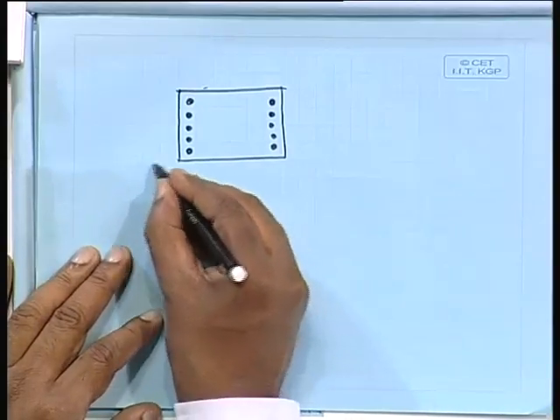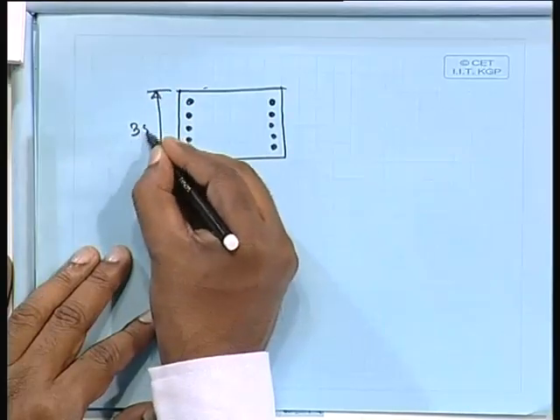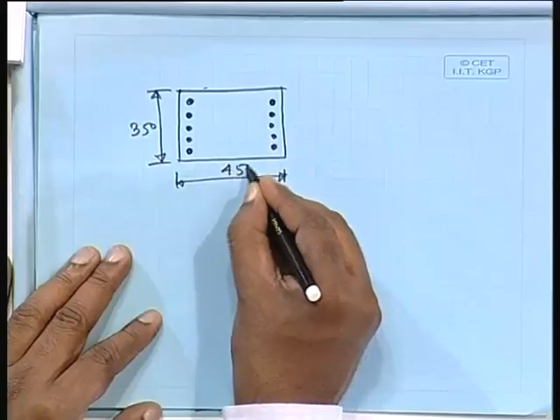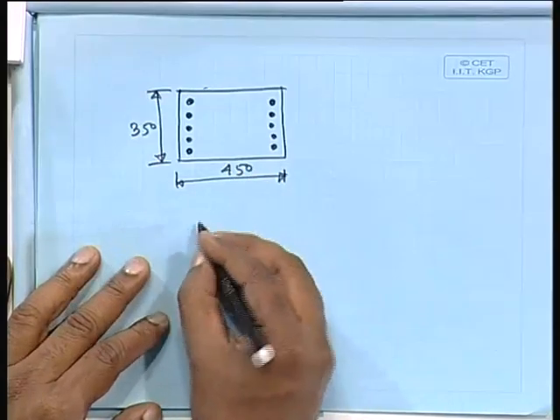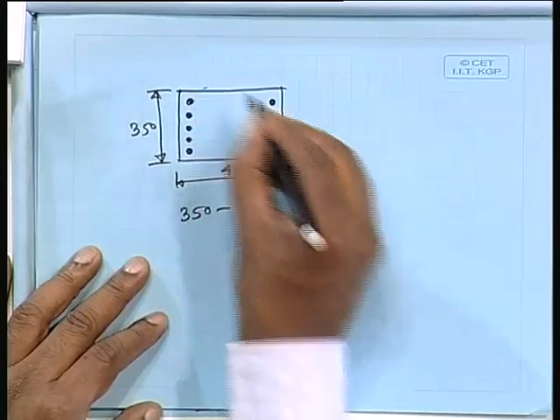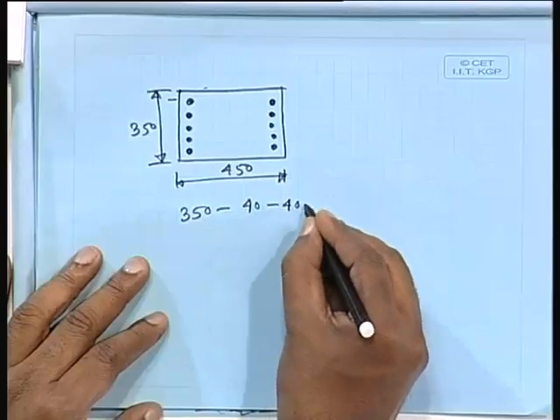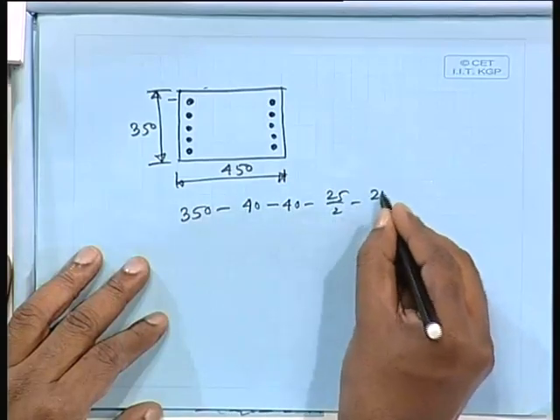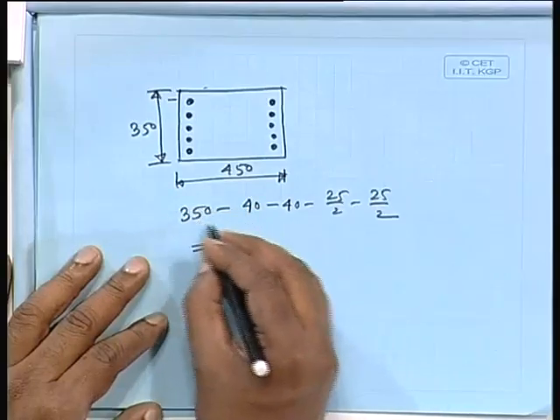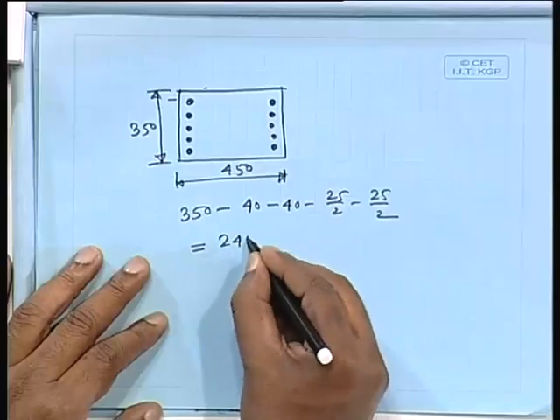So we are getting here, this is 350 and this is 450. So 350 minus 40, clear cover this side. So this one also, d dash, minus 40 minus 25 by 2 minus 25 by 2, which comes as 245 millimeter.